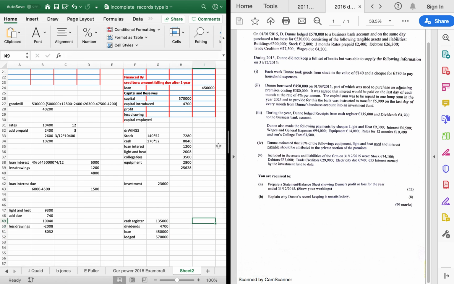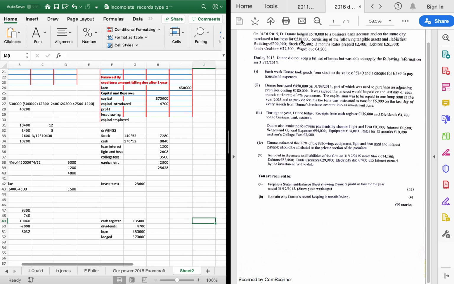All of our payments then. So we paid out 530 for the business. This is where it's a little bit tricky. We paid for the premises for 380.